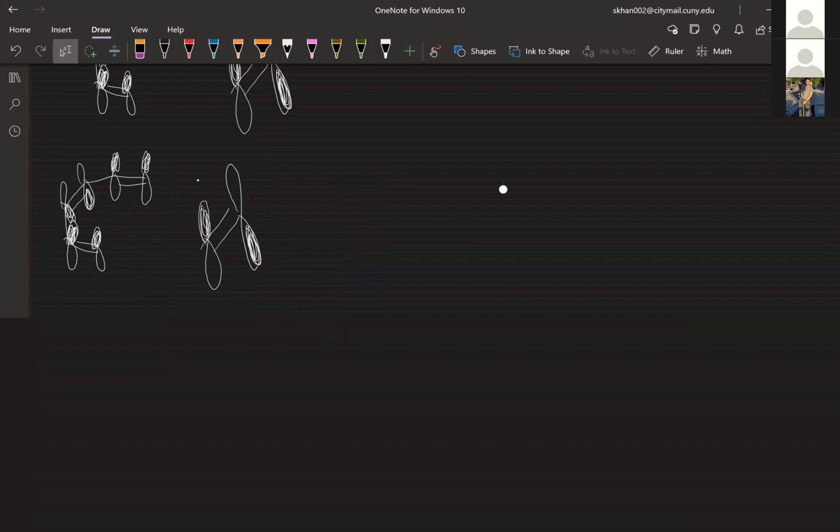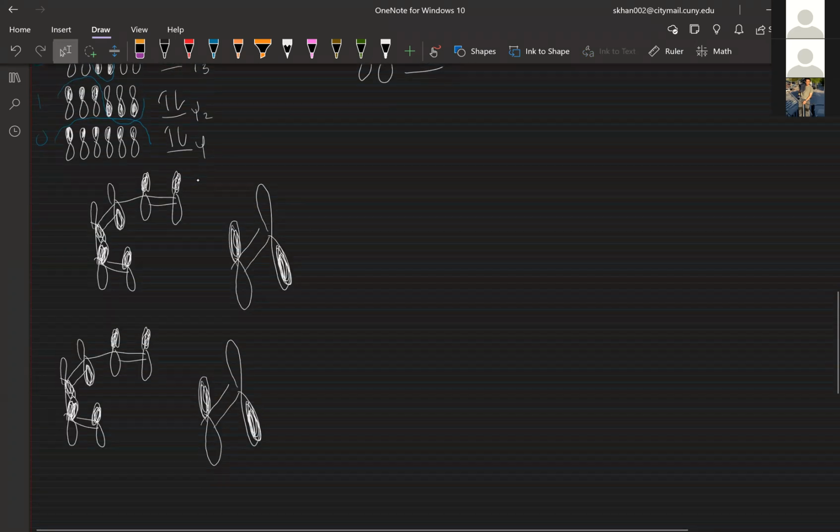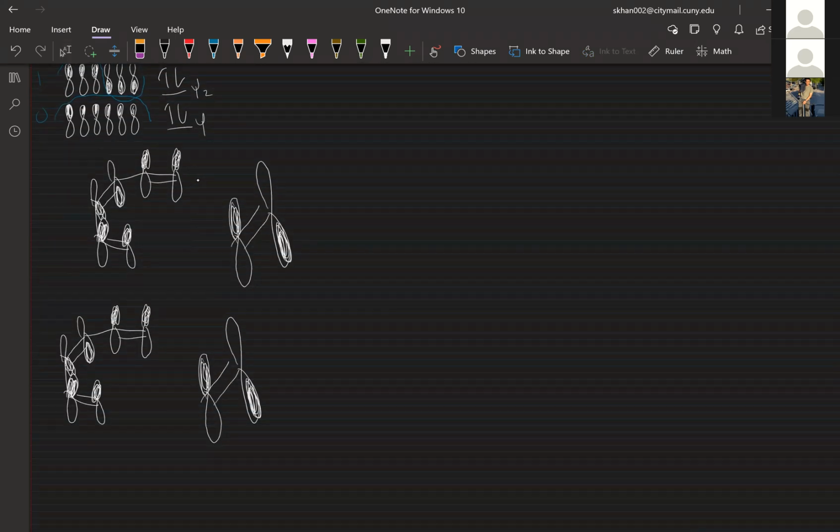No matter how much I rotate this molecule, right? If I change this to the other way around, right? Just like this. Essentially I rotated the ethylene. These phases, they will never match up. Let me actually move this a little bit more downwards.